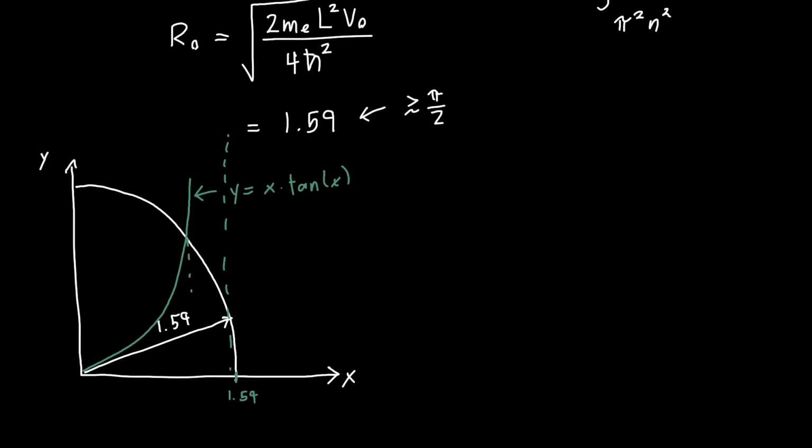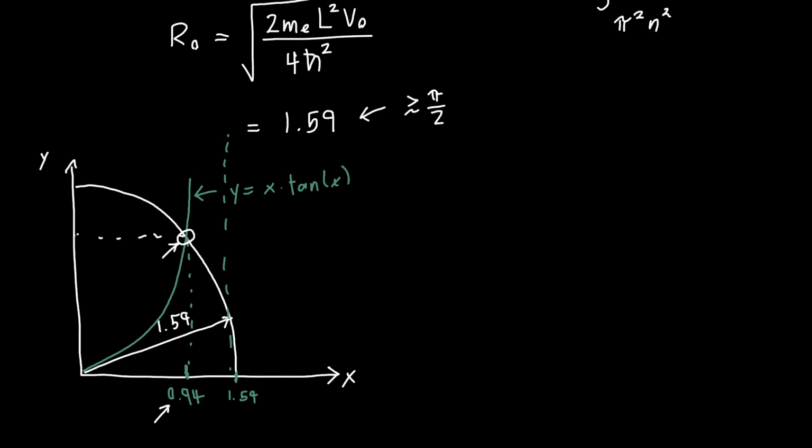The intersection point is at about 0.94. And so from this we can calculate the energy. When I say 0.94, I mean the curves intersect at this point, but the x-coordinate is 0.94. The y-coordinate I don't care about because we don't need that to calculate the energy.